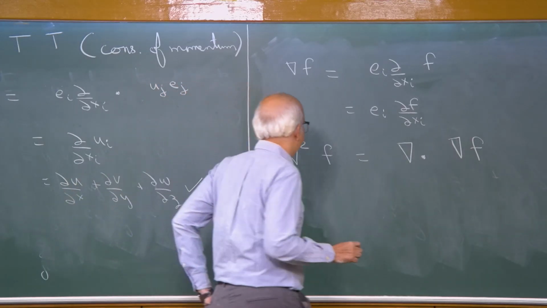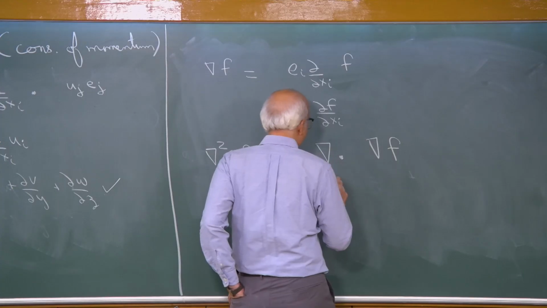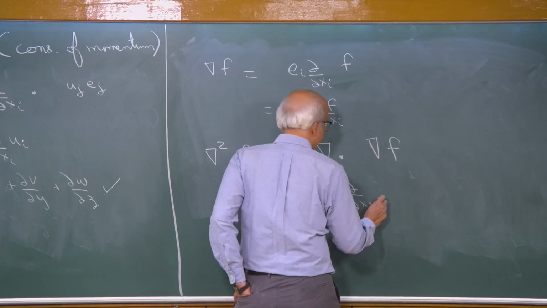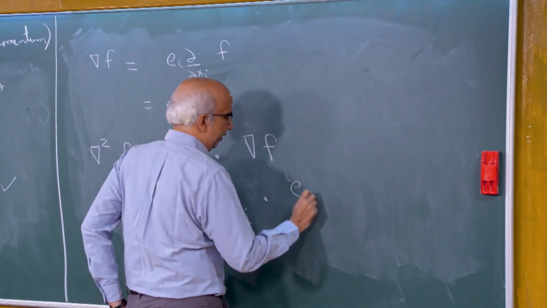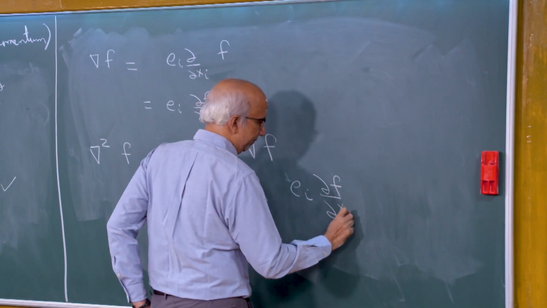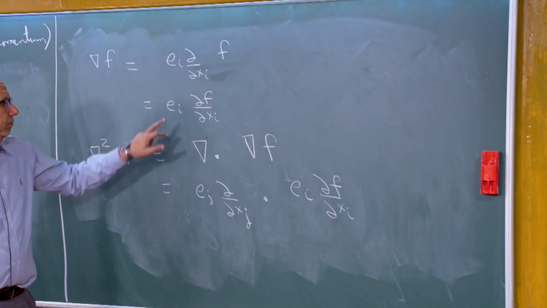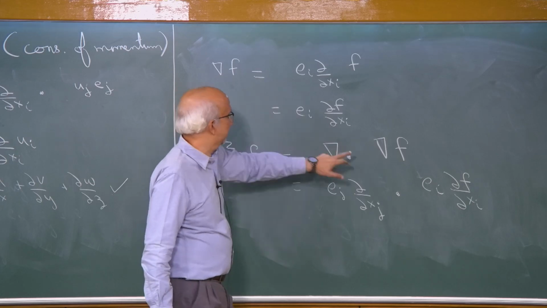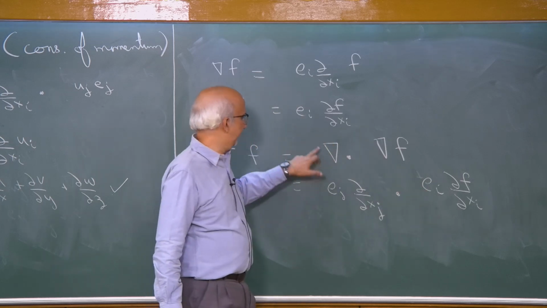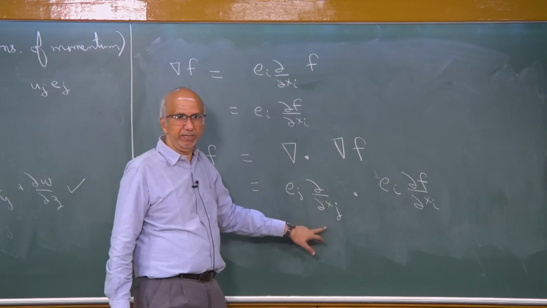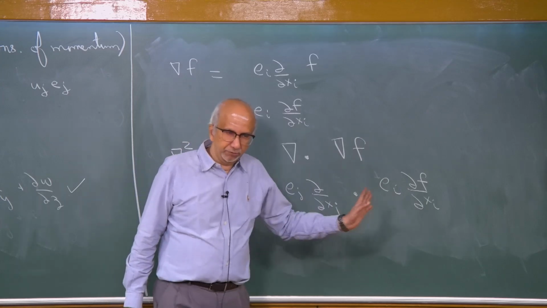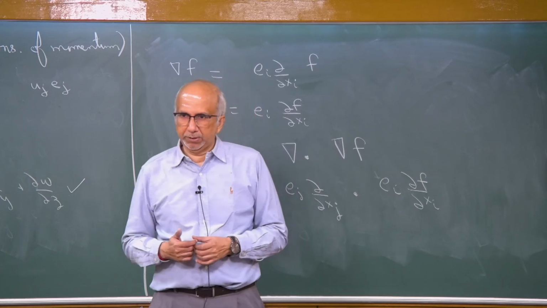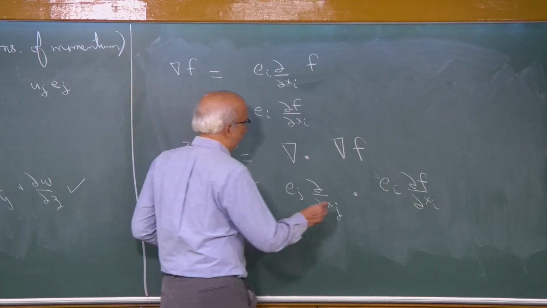So del dot del f is ej d by dxj, that is my operator, and this is ei df by dxi. What have I done? Del f, which I already found out, I have put it here, and the gradient operator by definition is ej d by dxj. Again I am using different indices to take into account all possible combinations. So this is what I get.